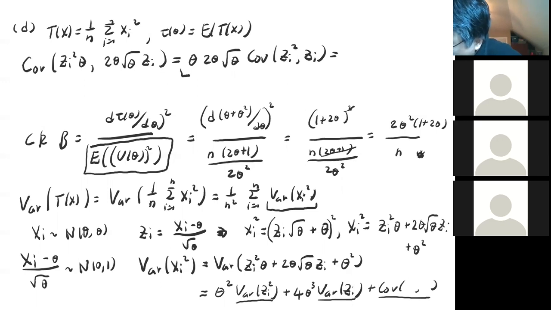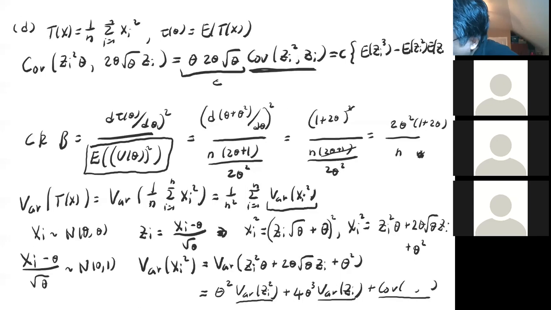I will just call the constant c right here. And inside, the covariance is basically the expectation of Zi cubed, minus the expectation of Zi squared times the expectation of Zi. That's what covariance is, right?